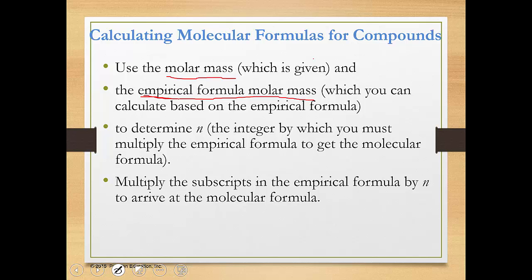They may give you just the empirical formula, and you calculate the molar mass based on the empirical formula. Then you determine N by taking the ratio. You multiply the empirical formula by this N to get the molecular formula. So once you've found N, multiply the subscripts of the empirical formula by that value to get your molecular formula.